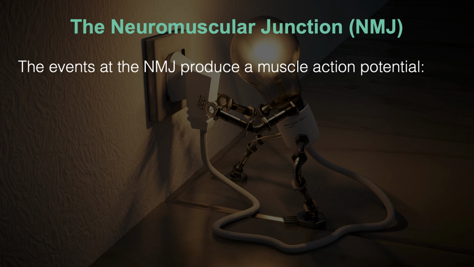If you know how a signal is transmitted through a synapse, you know how the muscle is activated. Synapses, from week 4, when we talked about action potentials, are coming back to haunt you.